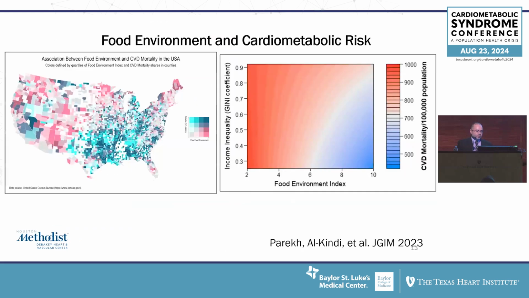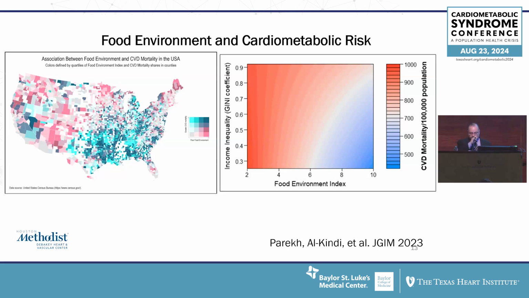We talked a little bit about food during some of the talks today, but you can see there are significant disparities with respect to cardiovascular mortality on the y-axis, on the left side. But you can explain a lot of this variation in cardiovascular or cardiometabolic disease just by looking at the food environment around you.